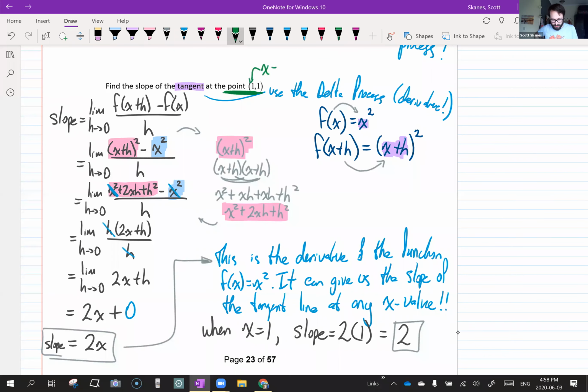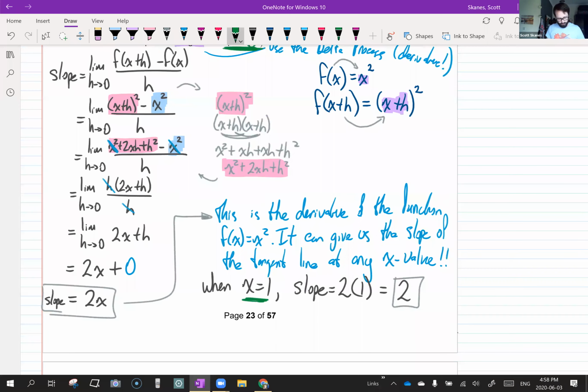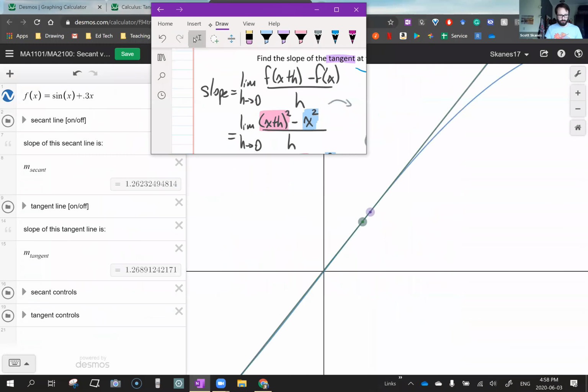We just need to put in the x value 1, and it'll give us back the slope at that point. Let me make this clearer, or at least try to.